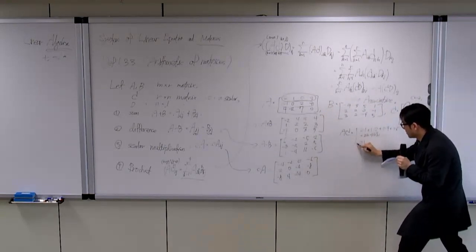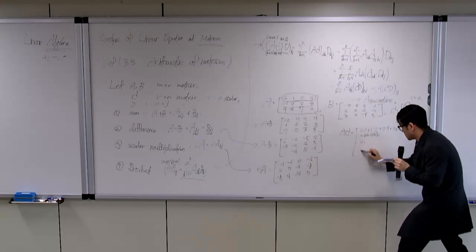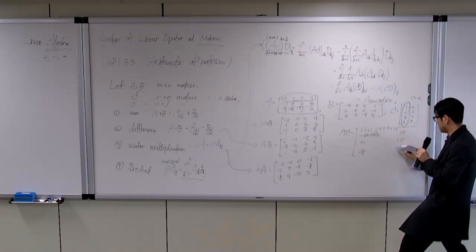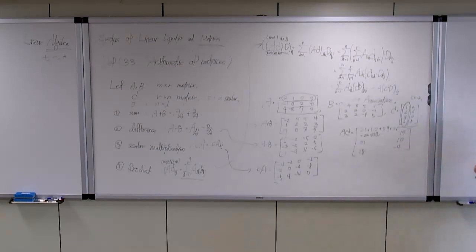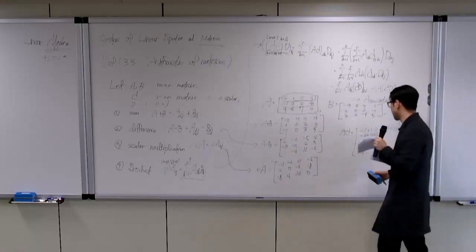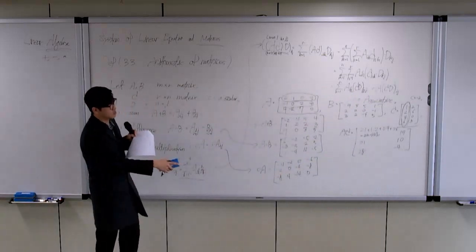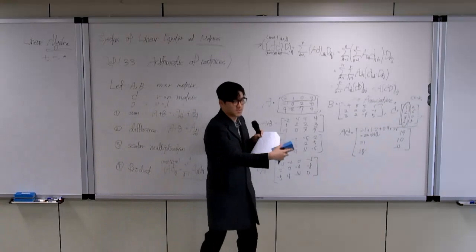Then our entries will turn out like this. And if you are not familiar with calculating matrix multiplication, I recommend you calculate it yourself.